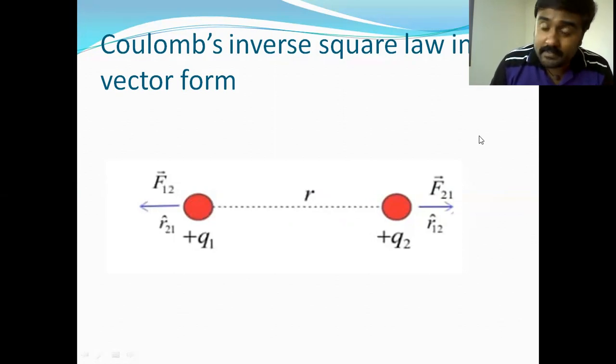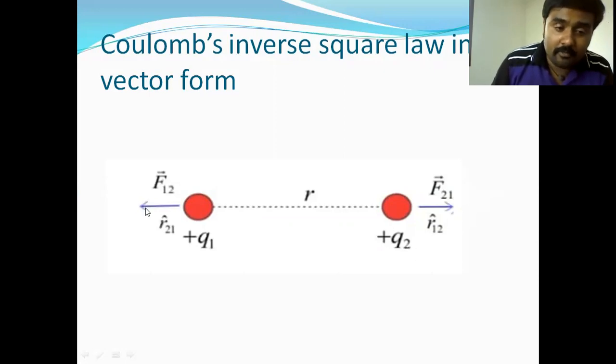Now there is a force acting on plus Q1 due to plus Q2, that is a repulsive force. It is represented using a unit vector, R21 cap. R21 cap indicates the direction of the F12 vector. F12 vector means the force acting on plus Q1 due to plus Q2.